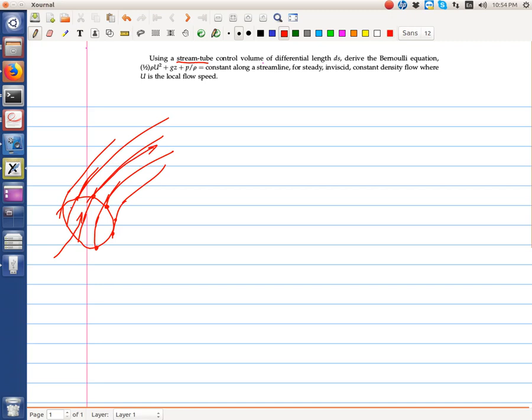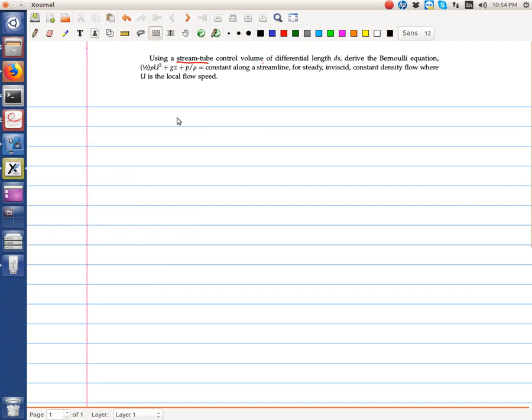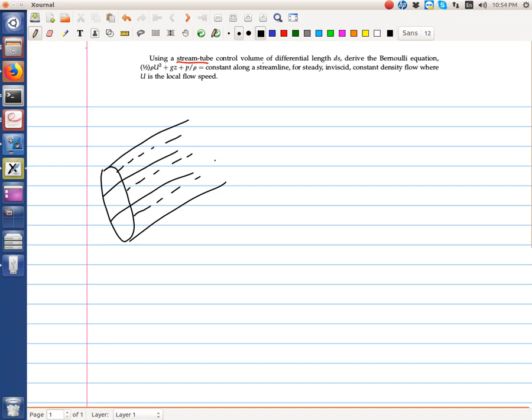Okay, so let's see if I can draw this in a better way. So let's say this is the entry. So all these lines are the streamlines, and fluid remains bounded inside the locus of all the streamlines, sort of.